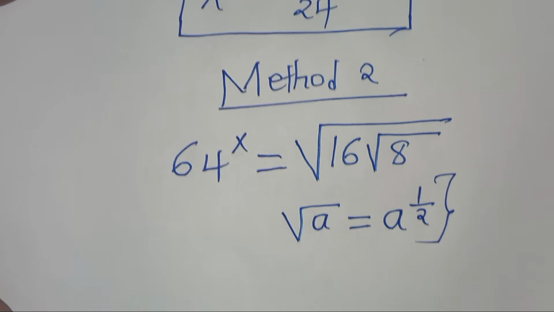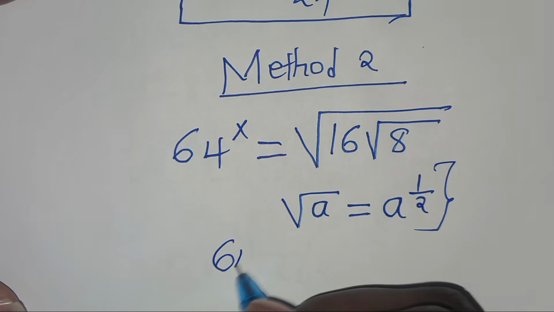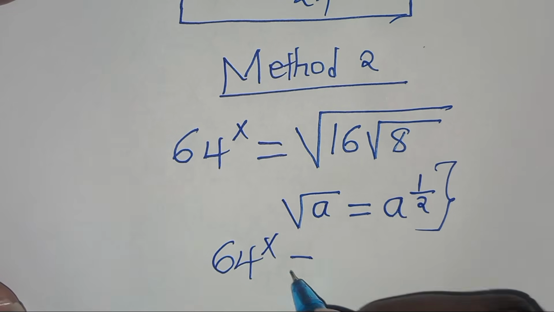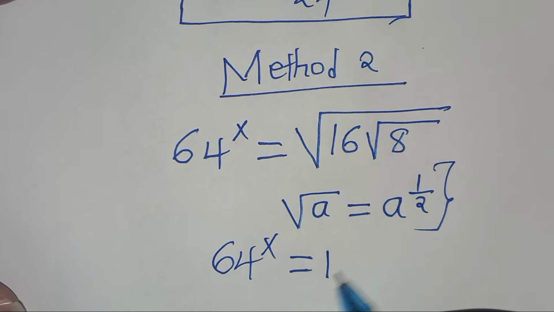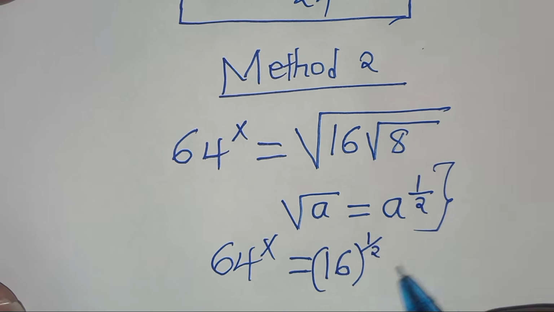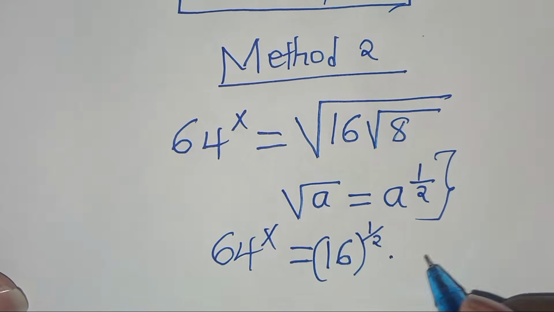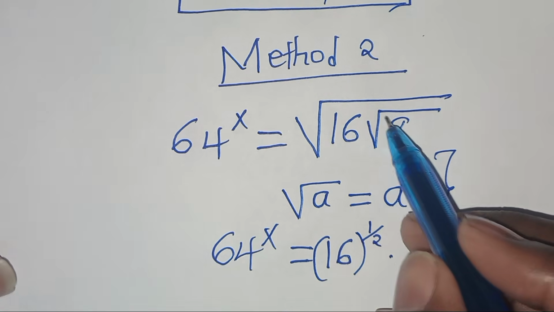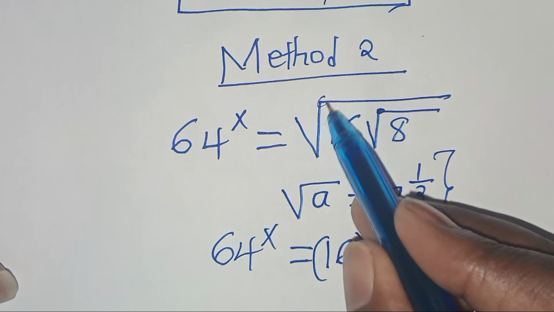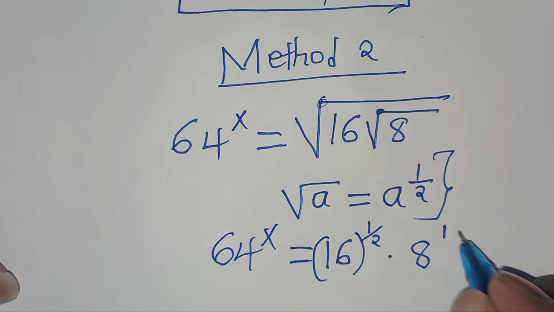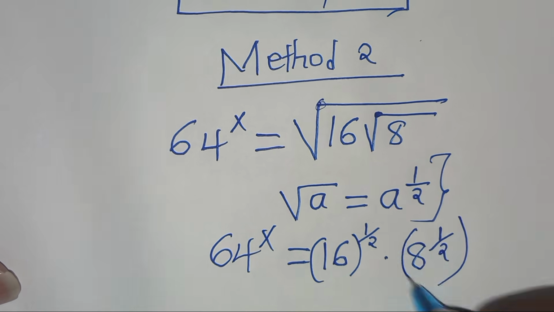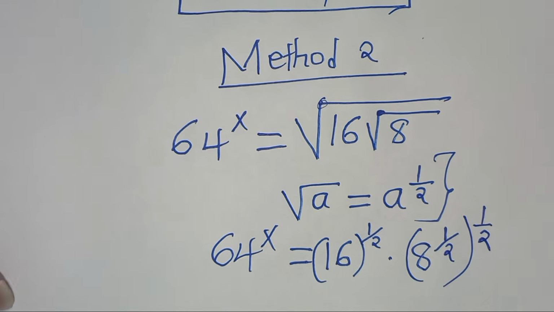Applying this property, we have 64 raised to the power of x equal to 16 raised to the power of a half, multiplied by 8. 8 has two square root signs here, so 8 is raised to the power of a half, and again raised to the power of a half.